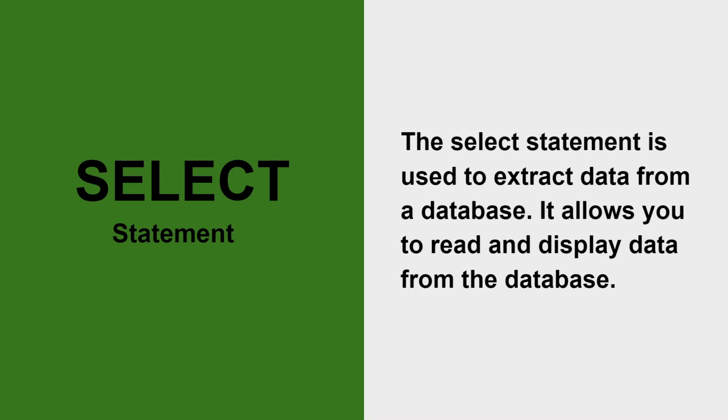Now, it usually comes with an asterisk, or you can tell the system exactly what you want. So you can say select asterisk, and asterisk here means all. I will go into that later, maybe in another video, where I break down the operators and aggregators that you see in an SQL statement.